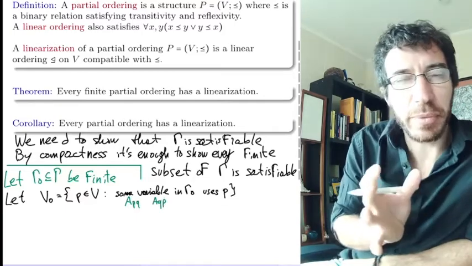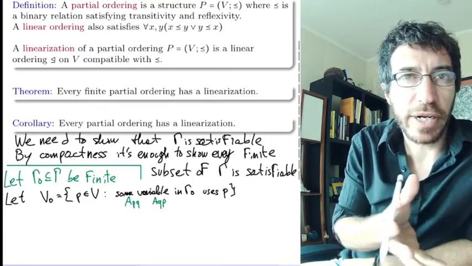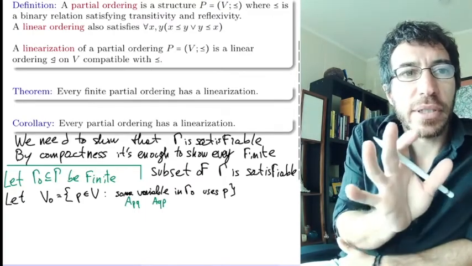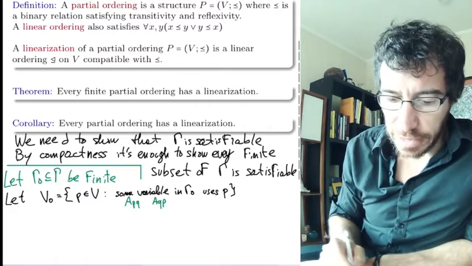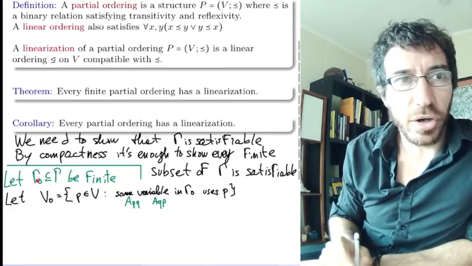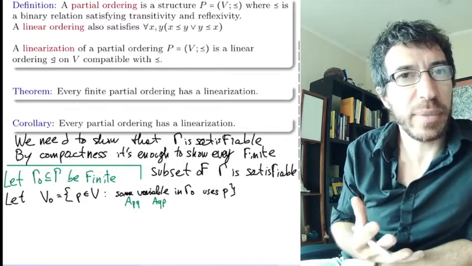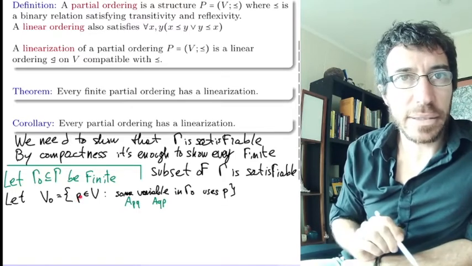So P could show up in the first part or in the second part, but whenever you have a variable, it refers to some P and to some Q. So take all the P's that all the variables in gamma 0 refer to. Note that gamma 0 is a finite set of well-formed sentences, so it mentions only finitely many variables, so it mentions only finitely many P's.